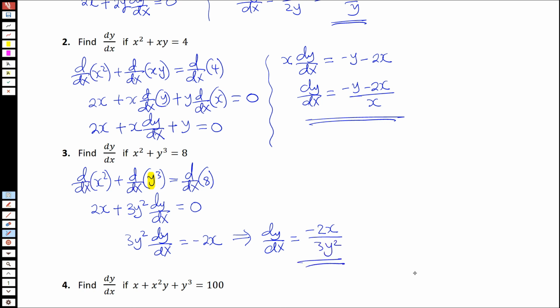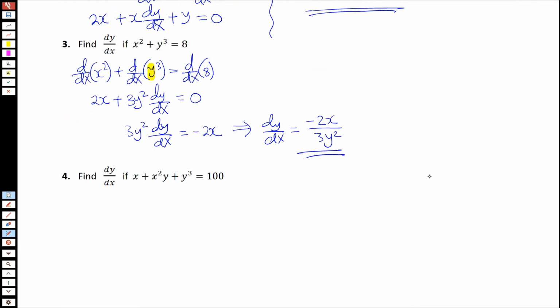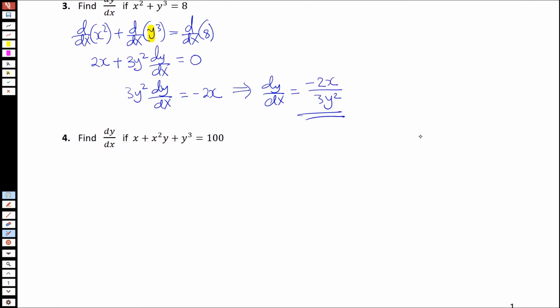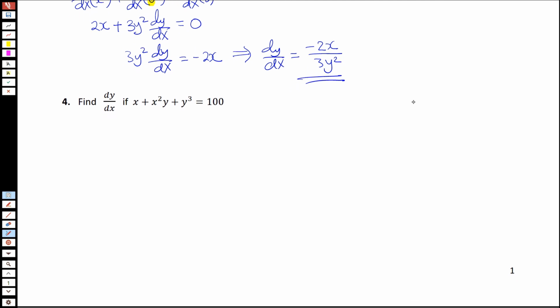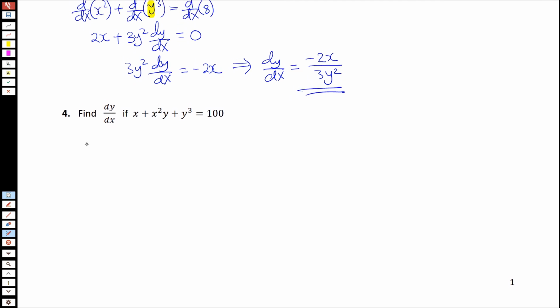Okay, moving on. Number 4. In number 4, we are required to find dy over dx for this particular equation. So here you have to find derivative of each term, just like what we've done, plus the derivative of x squared y plus the derivative of y cubed, which will become the derivative of 100.